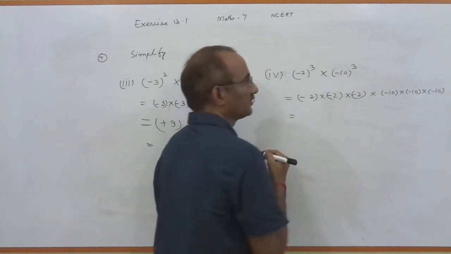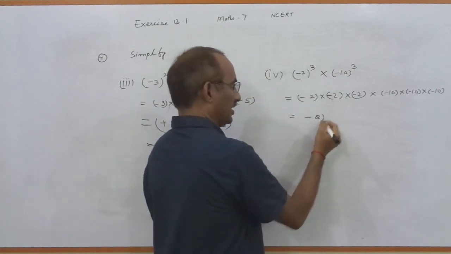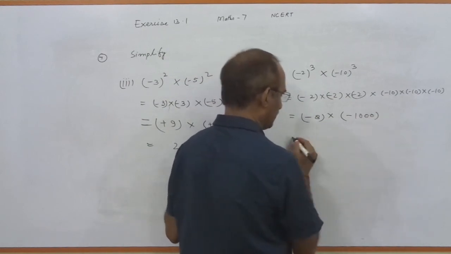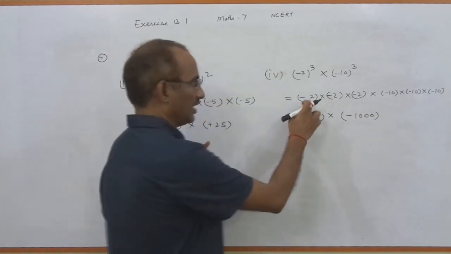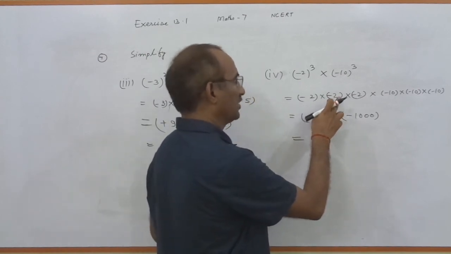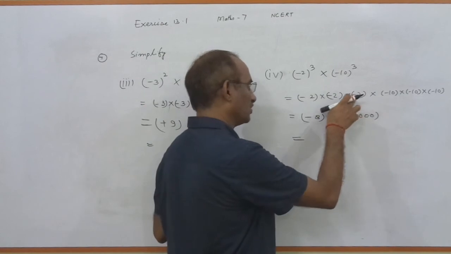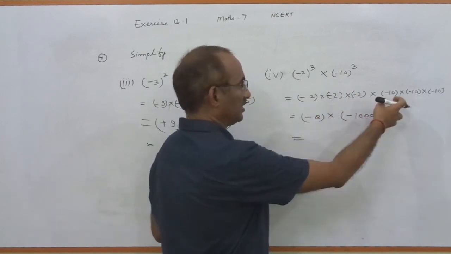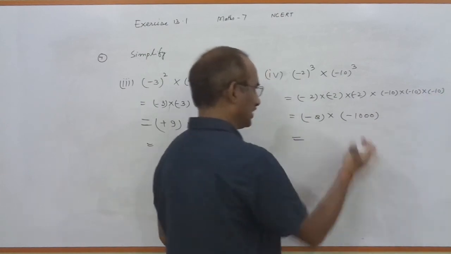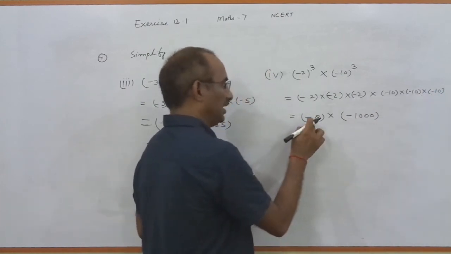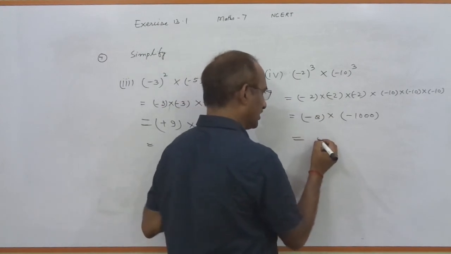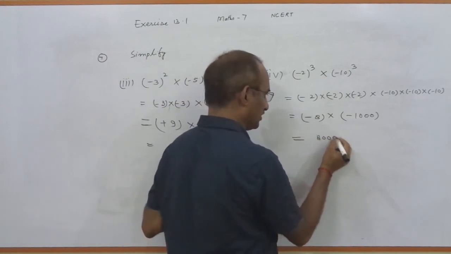So we get minus 8 multiplied with minus 1000. Minus 2 multiplied with minus 2, then we get plus 4, and plus 4 multiplied with minus 2, we get minus 8. Similarly, here we get plus 100 multiplied with minus 10, so we get minus 1000. When minus 8 and minus 1000 are multiplied, then we get 8000.